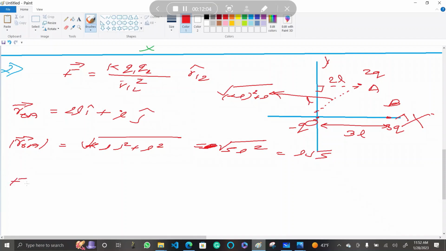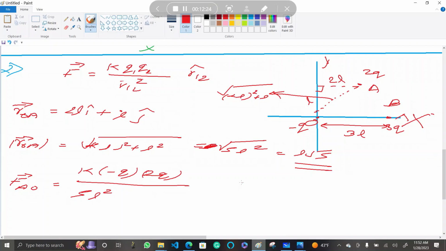So the force on the charge at A because of O equals k times the source charge, minus Q, the destination charge, 2Q, divided by the distance between them squared, which is 5L square, and the direction is given by this vector.